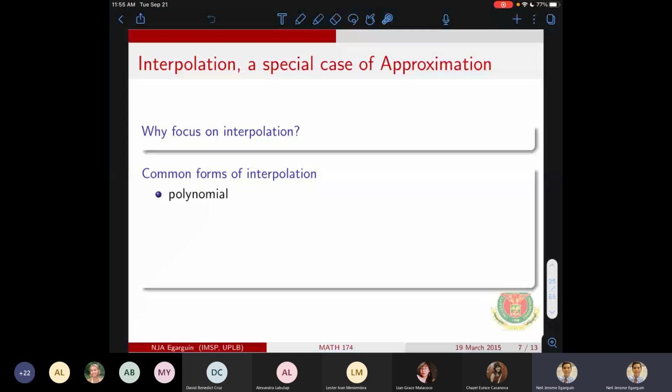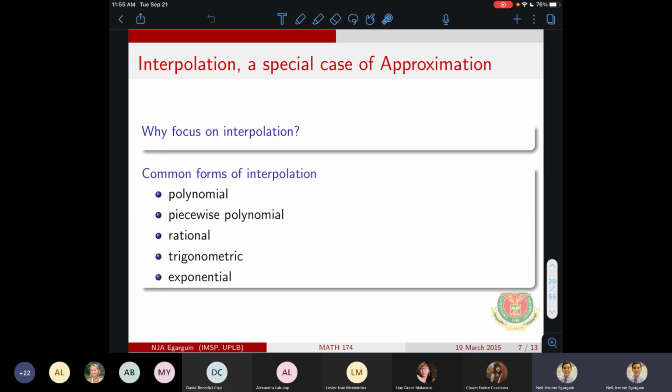So there is a polynomial approximation, there is a piecewise polynomial approximation, and we will cover both of these in chapter 1. But some other types of interpolation, you have rational interpolation, you also have trigonometric interpolation, and I guess there's another one, exponential interpolation.